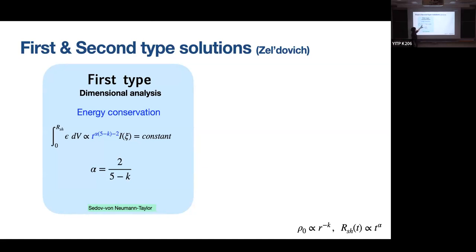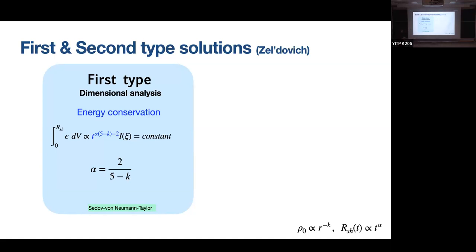But the important thing that I want to require is that the energy is constant in time. And when I require that this part is constant, then I get the very famous result that was obtained by Sedov, Taylor and von Neumann, where alpha depends on k in this way. And once I have alpha, I can transform the PDEs into ODEs and solve the equations and obtain the self-similar solution.